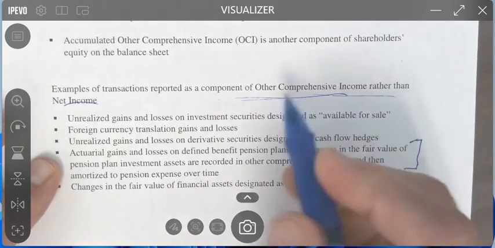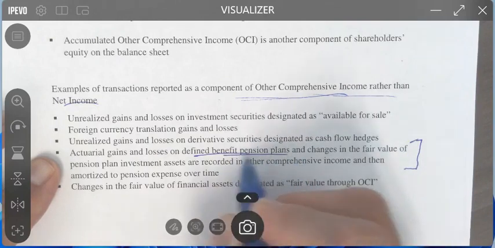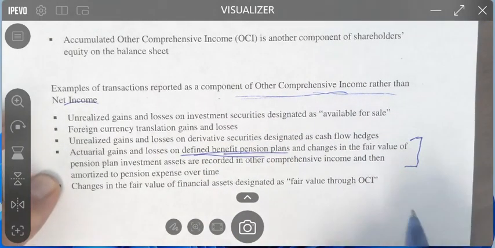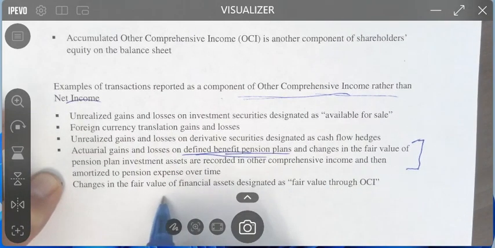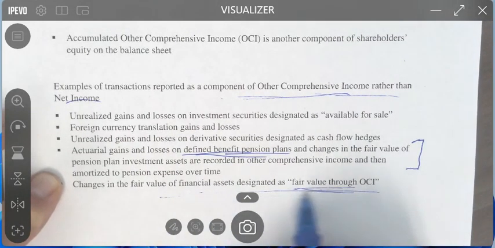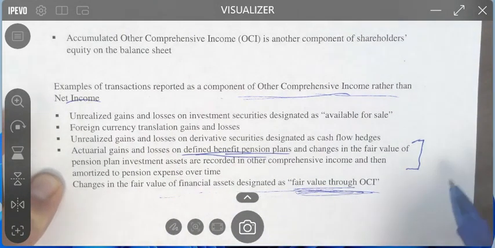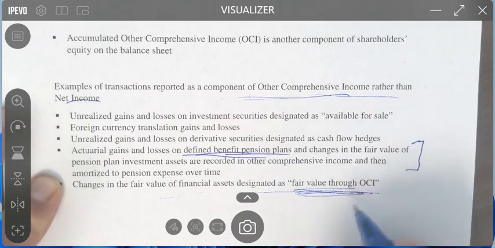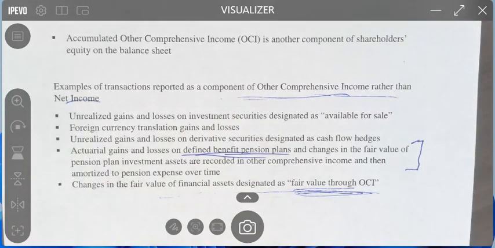You don't see many defined benefit pension plans anymore. And then changes in the fair value of financial assets designated as fair value through other comprehensive income, again, in a future course. So in this course, let's just see what the income statement looks like when these things exist.